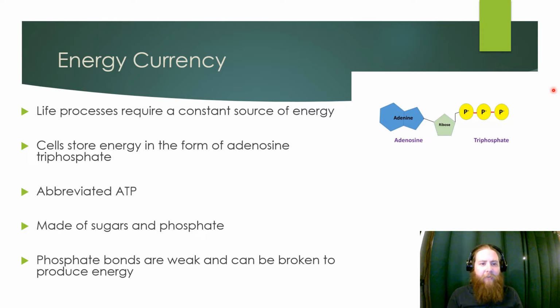To store energy in the body, we use this molecule here called ATP, or adenosine triphosphate. And it's called adenosine triphosphate because it has an adenosine here, which is a nucleotide, and then it has a triphosphate, or 3 phosphates. 1, 2, and 3.